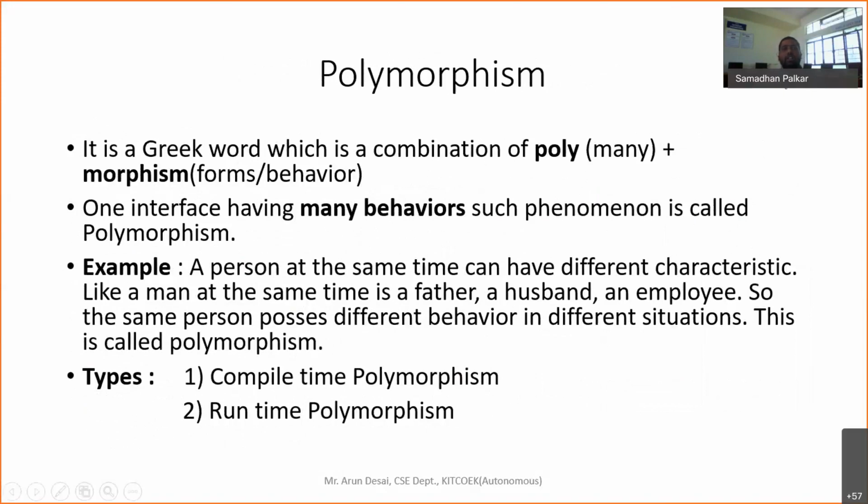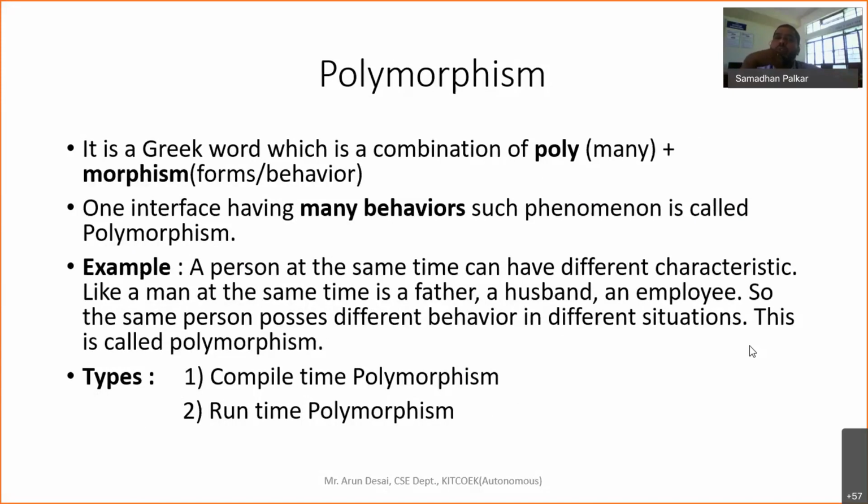Okay, let it be. So we'll start with the next terminology called polymorphism. Polymorphism is also called typing, right? Polymorphism is a Greek word, a combination of poly plus morphism.